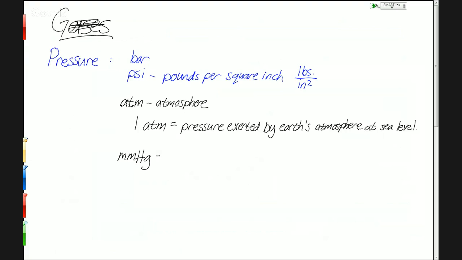The other unit we're going to look at is millimeters of mercury. That seems like a weird pressure unit because it's millimeters. Millimeters is a length. So what does that have to do with pressure?